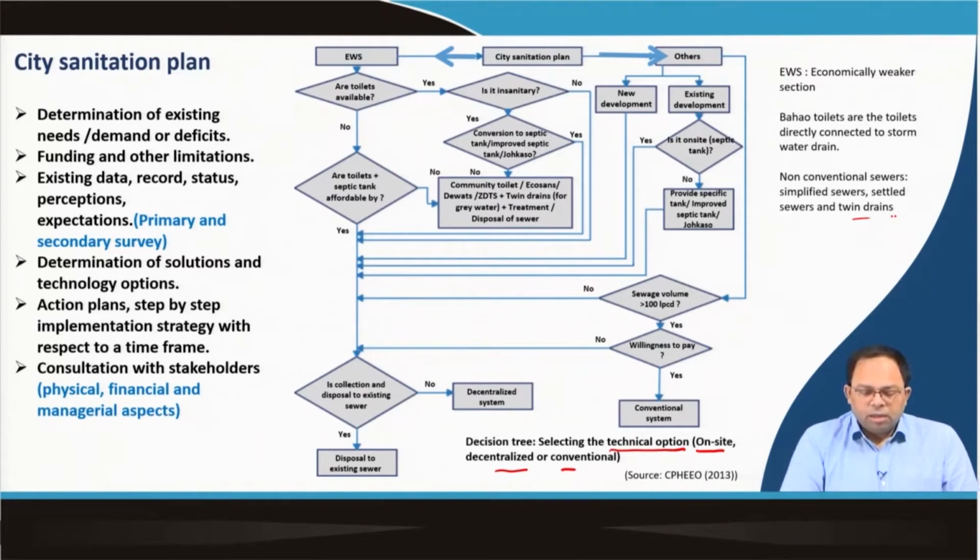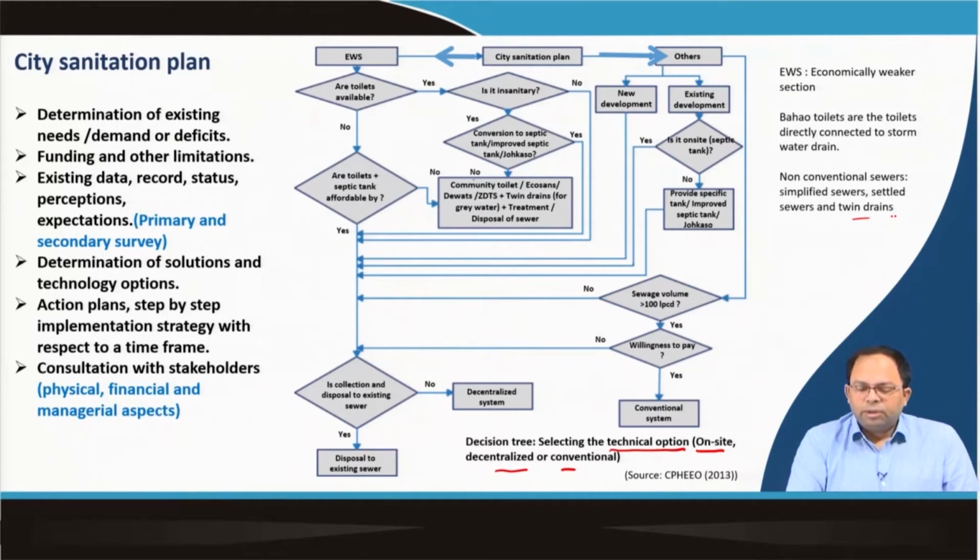Then we ask, is collection and disposal to an existing sewer possible? No. Then we go for a decentralized system. If yes, then disposal to existing sewer networks. But if toilets are available, is it unsanitary? If yes, then conversion to septic tank, improved septic tank or Jocasso system.